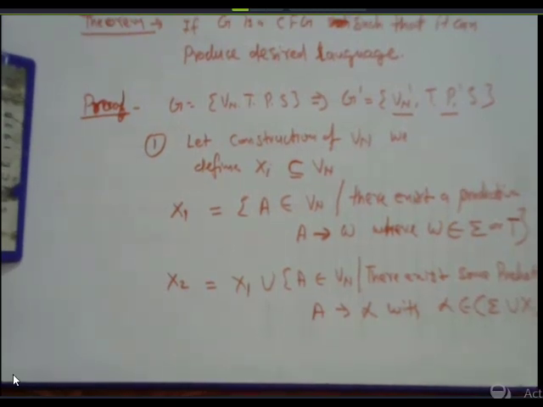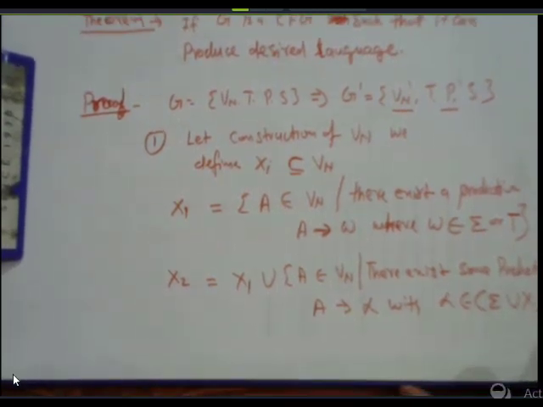This is the second rule for calculation of the Xi.